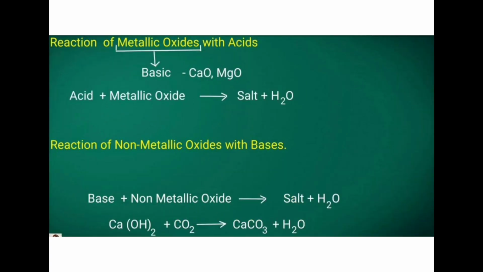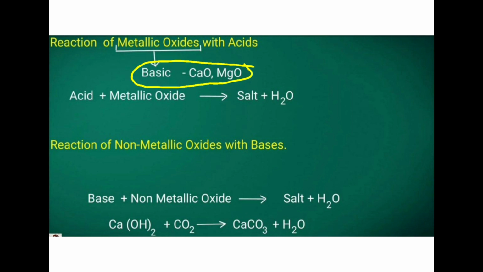Okay, then the reaction of metallic oxides with acids. Acid plus metal oxide gives salt plus water. Here it is telling us that these metal oxides are basic. Metal oxides means basic.